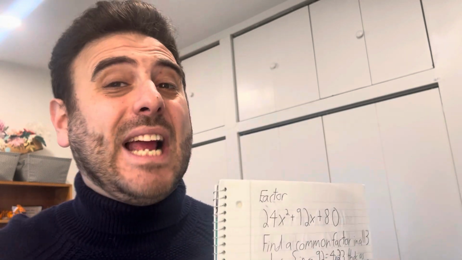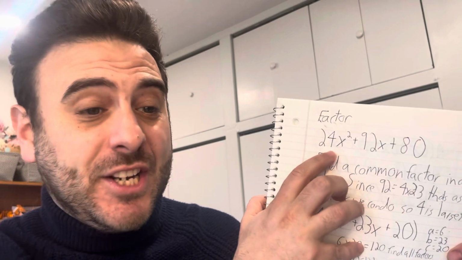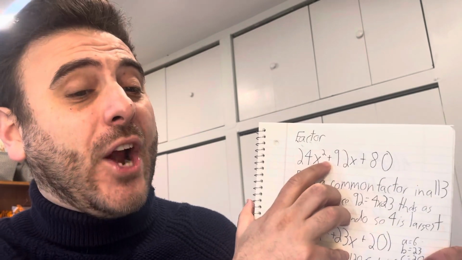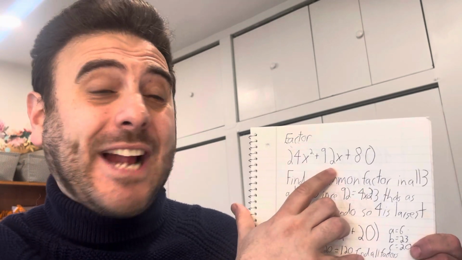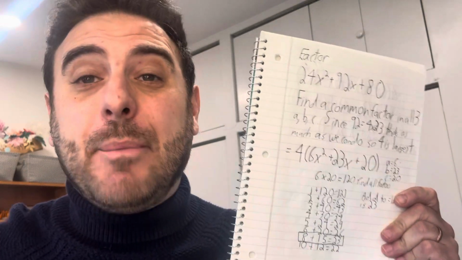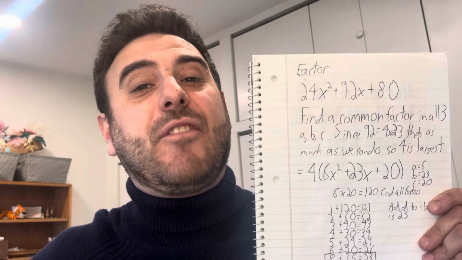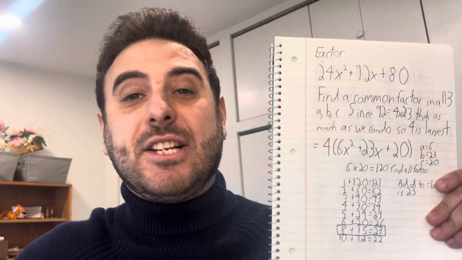For our final example, example number 5, we are now factoring the expression 24x squared plus 92x plus 80. Again, like each previous problem, the first thing we always want to do is look at the factors of the coefficients of all three terms.